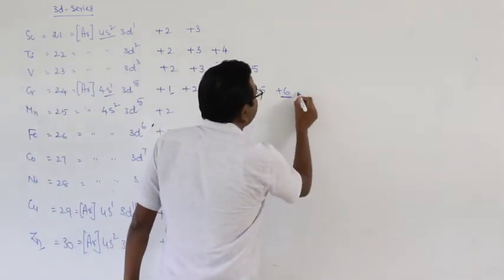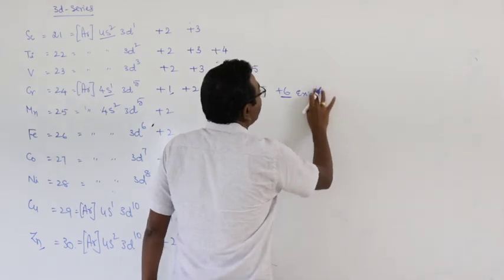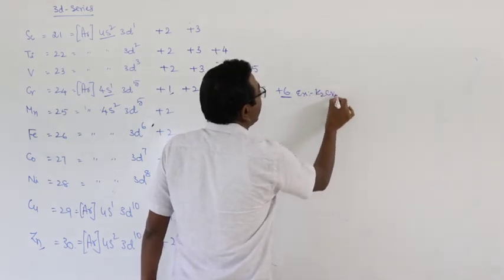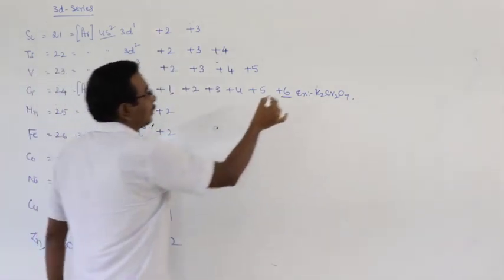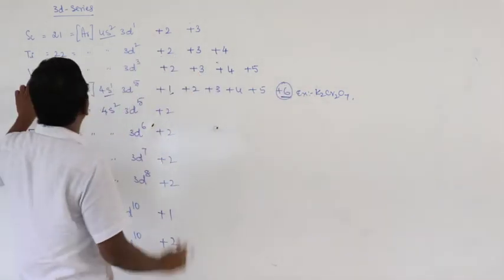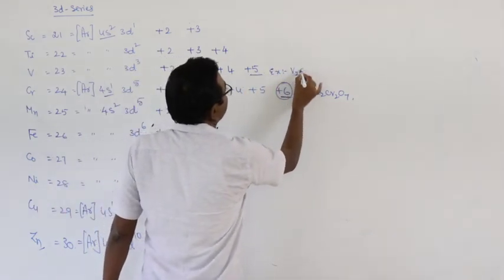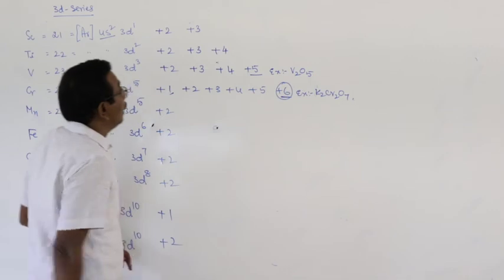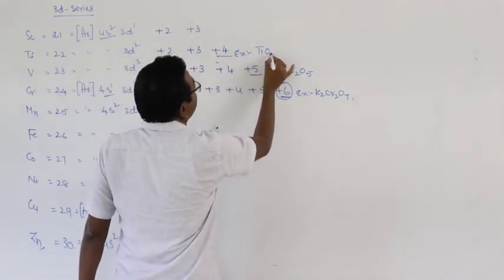Here, example for this is potassium dichromate or chromium peroxide. And next one, example for this is vanadium pentoxide. And example for this is titanium dioxide.